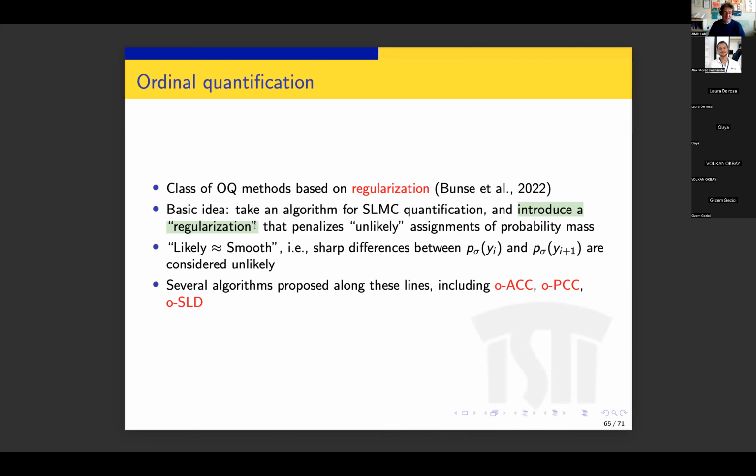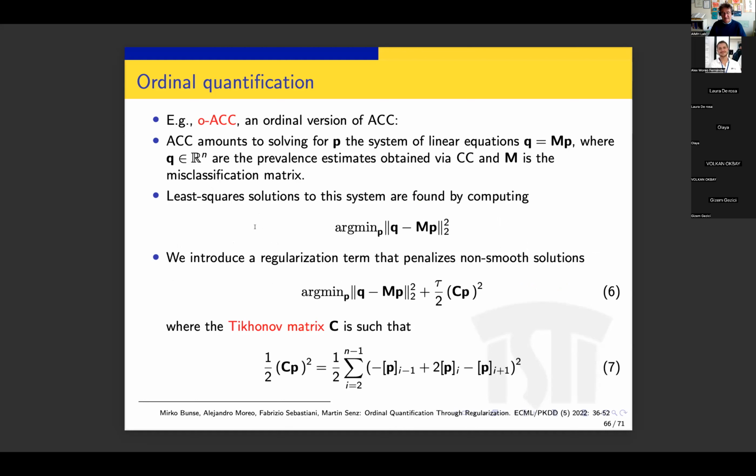Which it considers sort of more likely. And along these lines, several algorithms have been proposed, which are variants of ACC, PACC, there is a mistake here because it's not PCC, but PACC, and SLD. And I'll show you the basic idea behind this by looking at the ordinal variant of ACC.